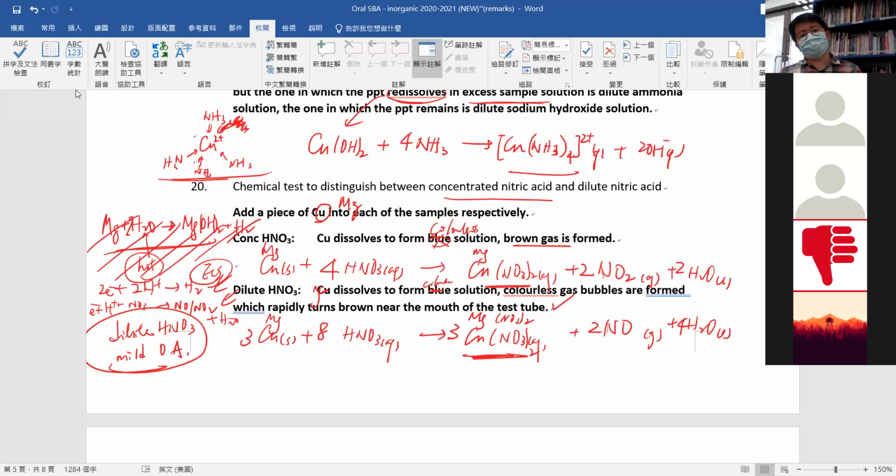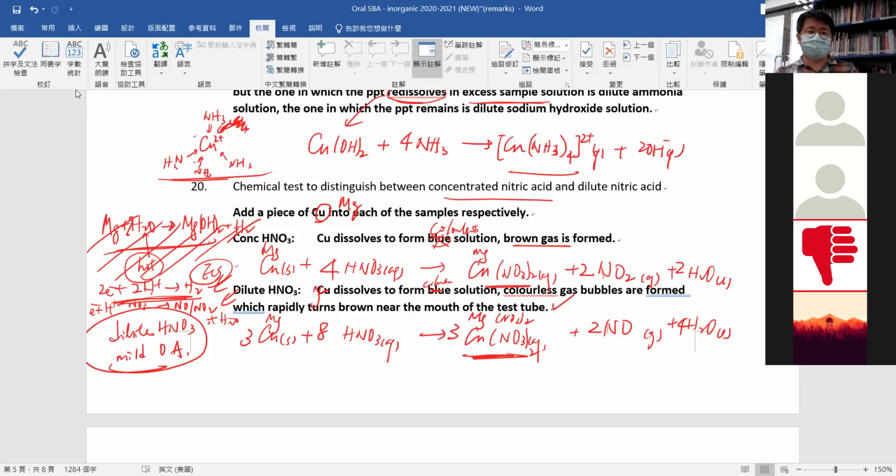But what is the other reduction equation? You need to go back to the concentration. Dilute nitric acid is a mild oxidizing agent. Very dilute nitric acid is just a typical acid. It's not an oxidizing agent. So for very dilute nitric acid, you have to go back to this equation, instead of the second equation. Can you get my point?